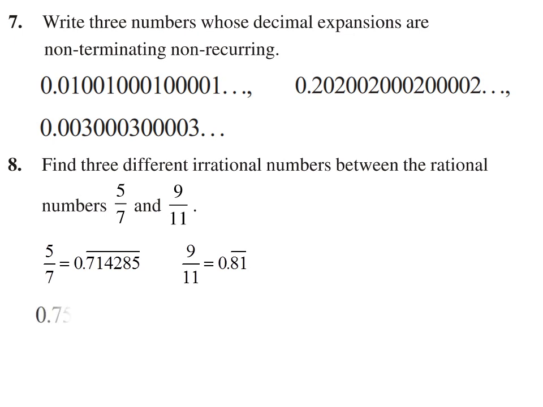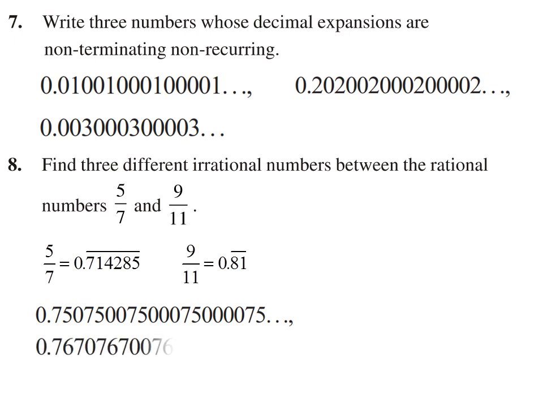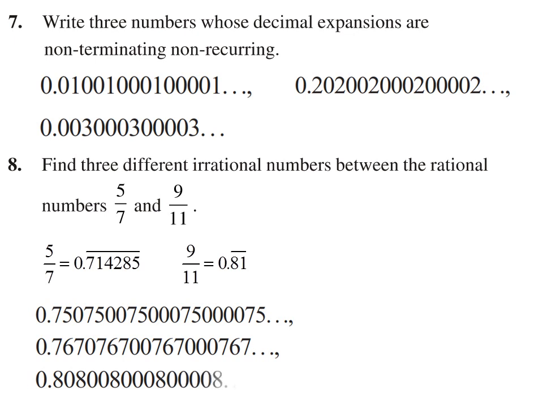The first number can be written as 0.750750075000 up to infinity, or you can say 0.7670767700767 up to infinity, or 0.80880080008, 4 times 08, or 0.79654321875797 up to infinity.